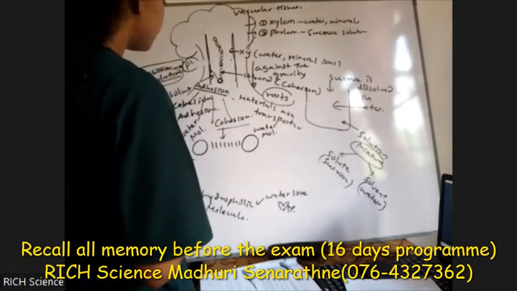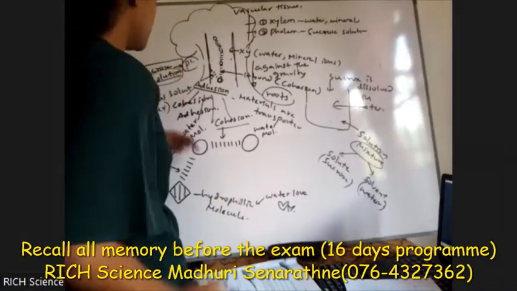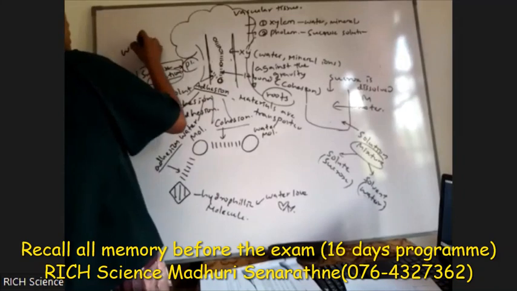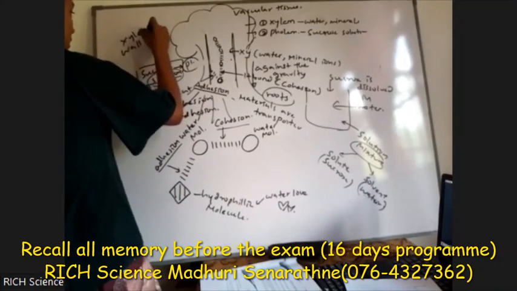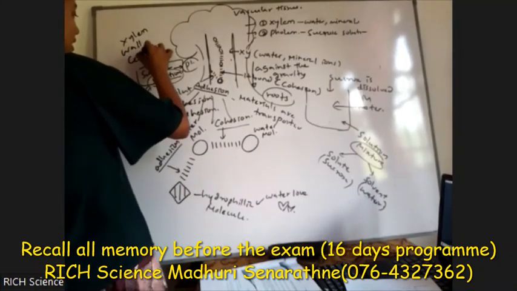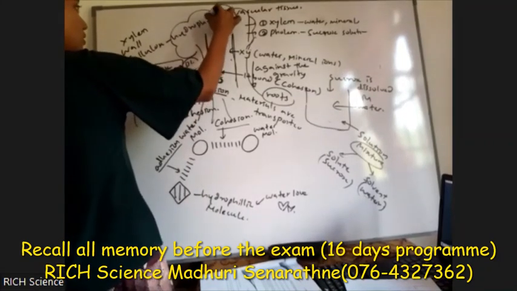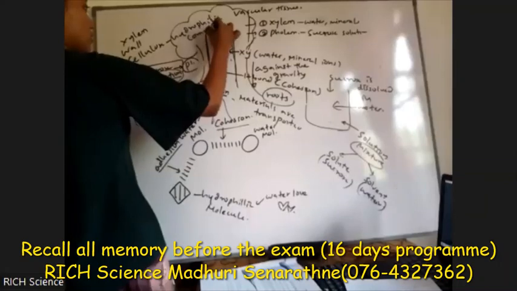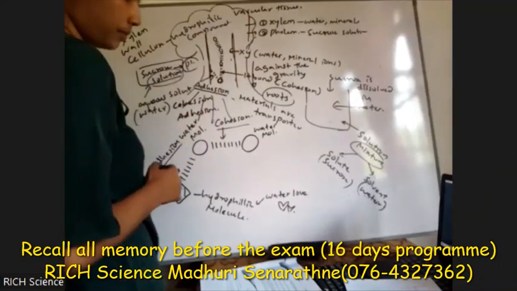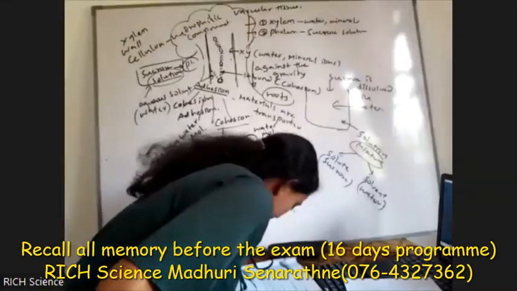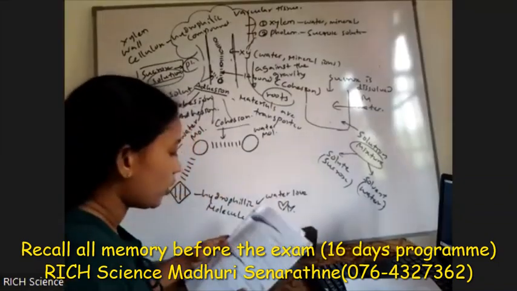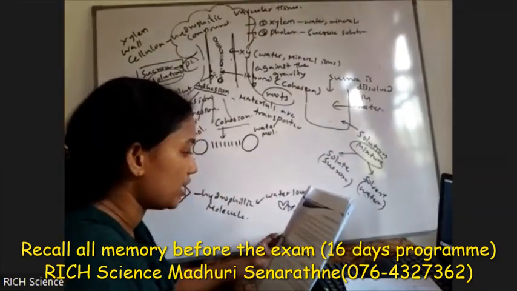Due to these two, the xylem wall is composed of mainly cellulose. Cellulose is a hydrophilic compound. Attraction between water molecules due to hydrogen bonding is known as cohesion.